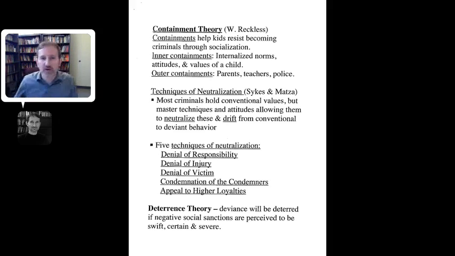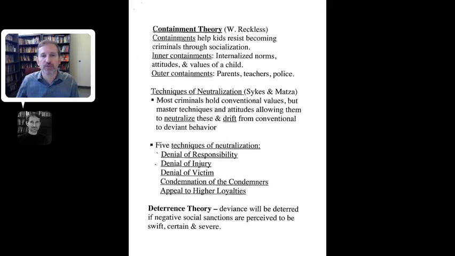The person knows you're responsible for coming to class, but is making an appeal to say, I'm aware I'm responsible, but I wasn't responsible for getting sick or having the flat tire. That was out of my control. So that's why I violated the norm or the rule or the law. That's denial of responsibility. You can add that to your notes.